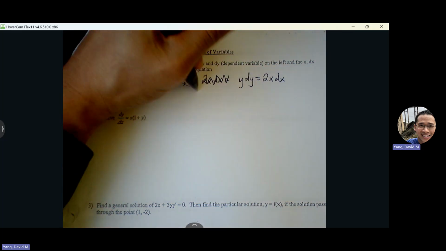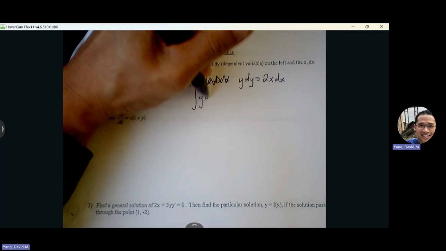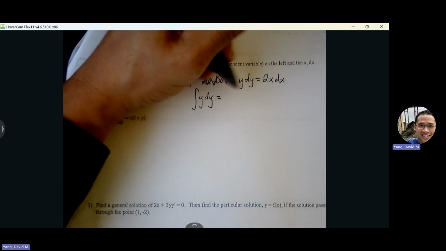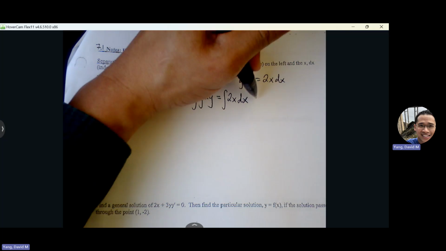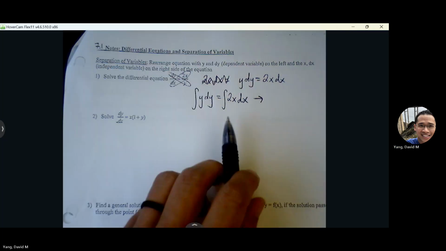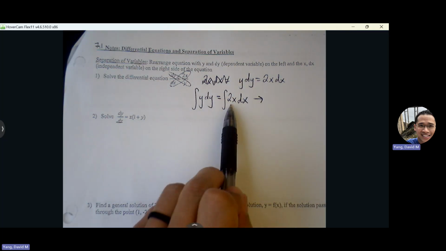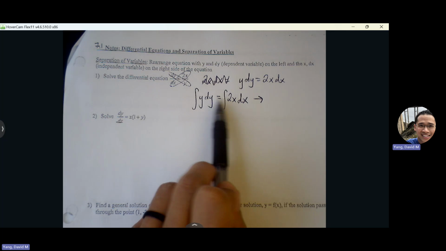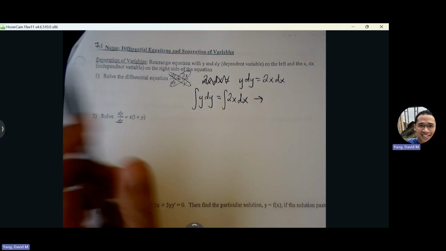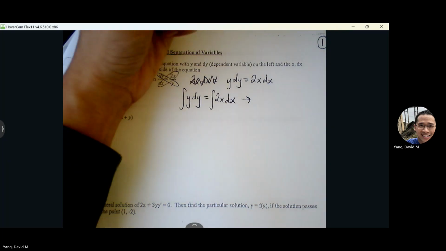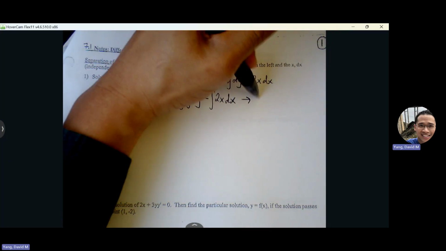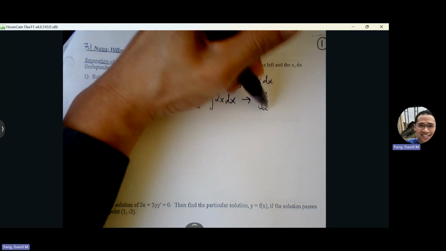Next, you're going to involve the integral, because you're still at the derivative level, and your goal is to make this equation rise up to the function level. Both sides are just a simple power rule process, right? So what's the antiderivative of y? Yeah, y squared over 2, just power rule.